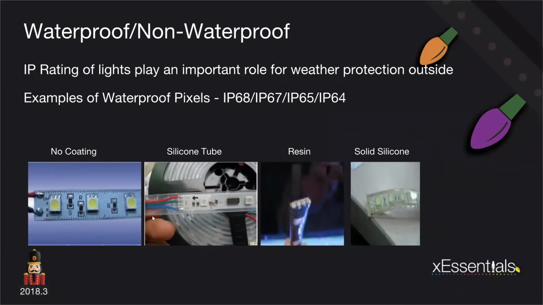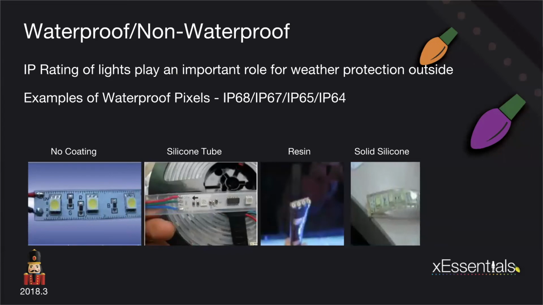but this is kind of a representation of basically no waterproofing on the left-hand side with no coating. Your silicone tube and your resin are typically IP65 rated. Once again, I'm not saying that that's specific, that's what the manufacturers typically say. And as far as the far right-hand side, the solid silicone, it's stated that it's an IP68. Once again, I think the really important part of this is that it's more for waterproofing your display.